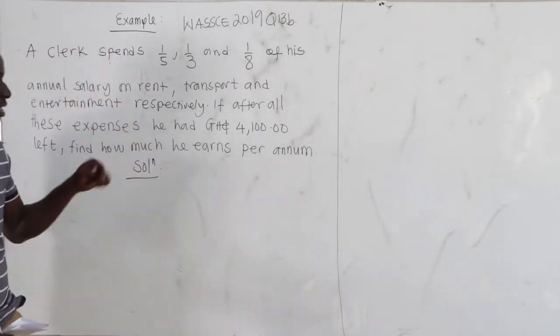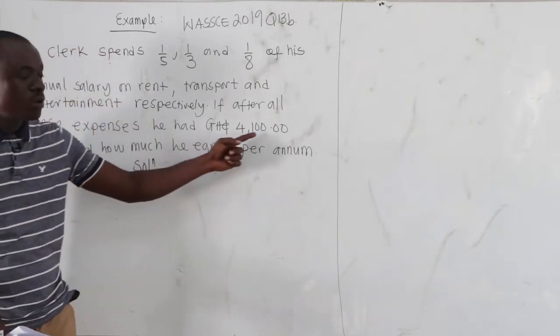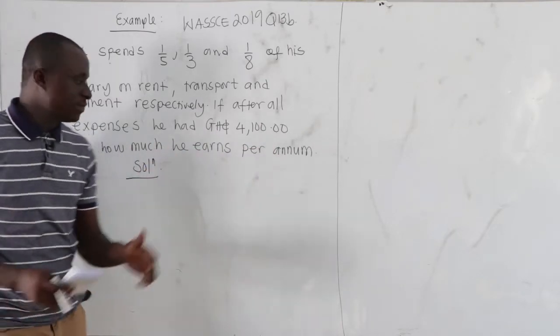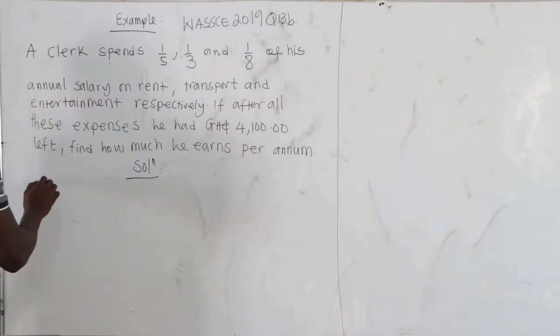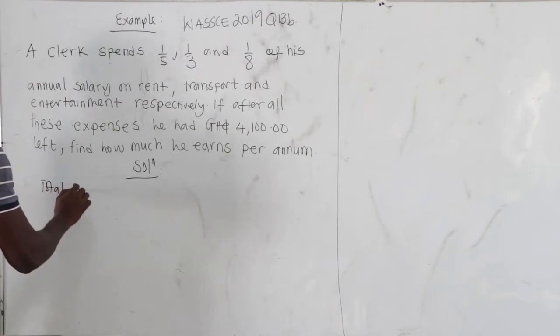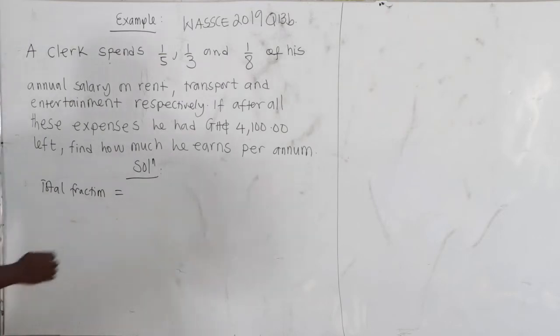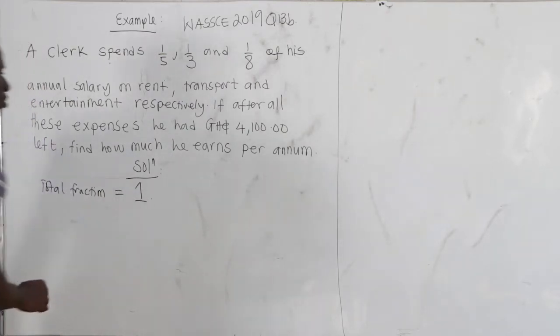Clearly, you are being told that the amount left is 4,100. Hence, the fraction left will correspond to the amount left. Now, we have to note that the total fraction on his annual salary is equal to 1.